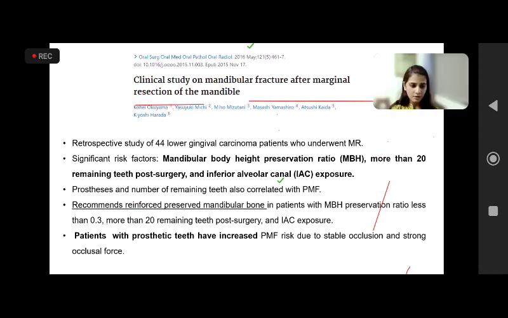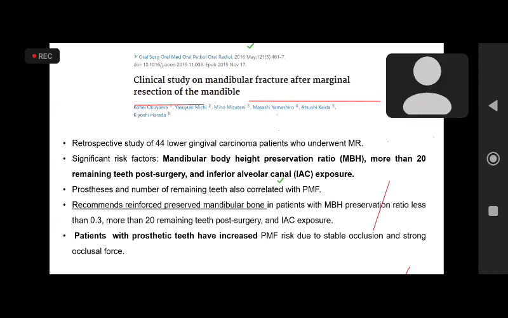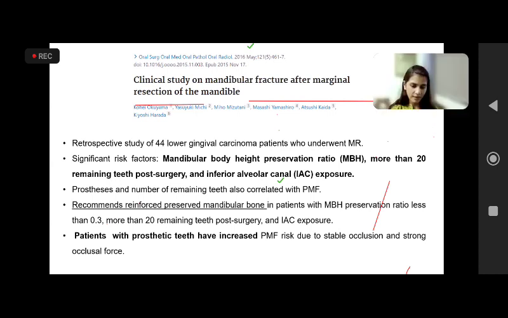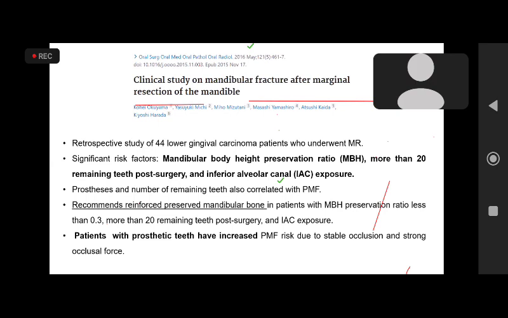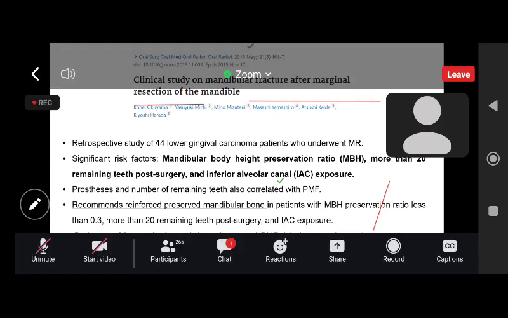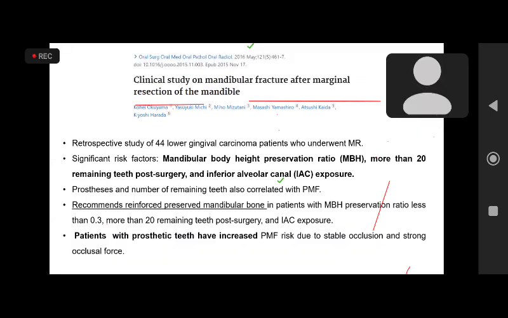So this study also says, Vidisha, that the weakest part of the mandible will be at the third molar. Exactly. Anatomically, at the antegonial notch the mandible becomes the thinnest. At the last molar, once you do a marginal mandibulectomy in that area, you almost have a non-existent inner cortex.